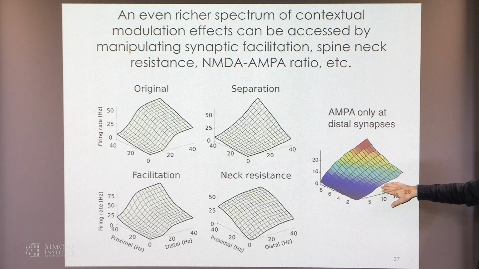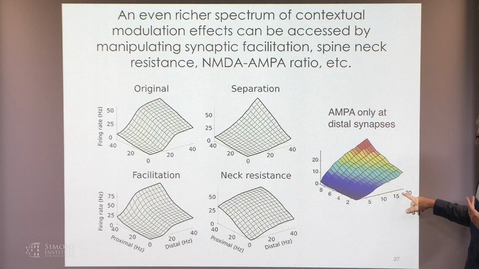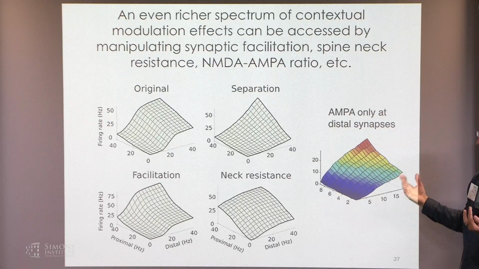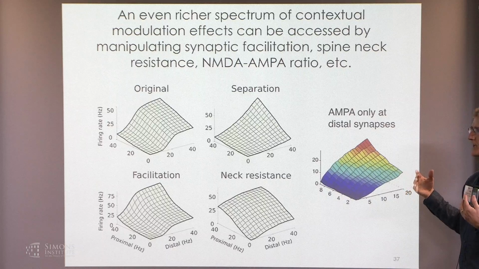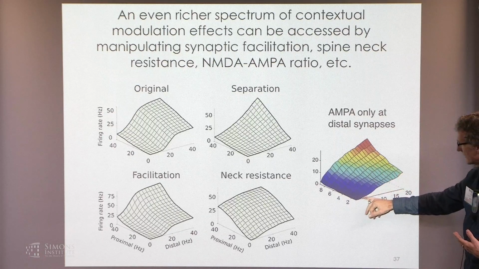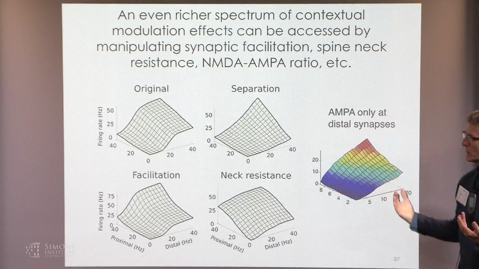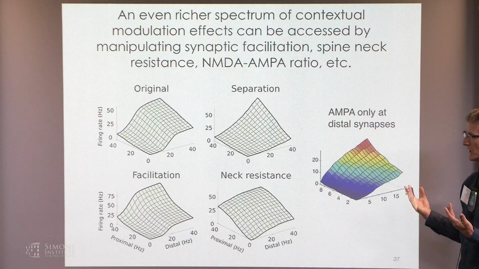And here's a case where even the synapses that are moving along this axis don't have NMDA channels. If you take those out, you can nonetheless get an input-output curve that is linear, but whose gain is increased by the other modulatory input, which does have NMDA channels.